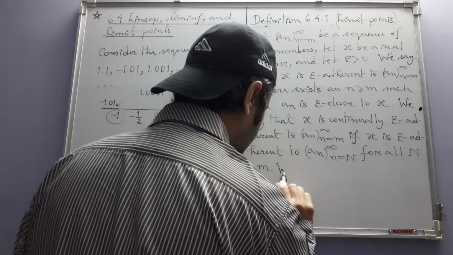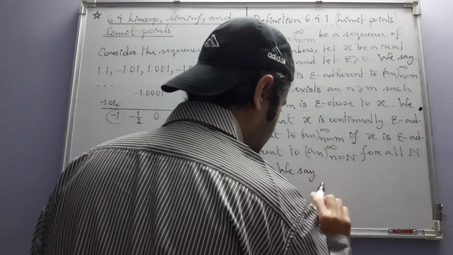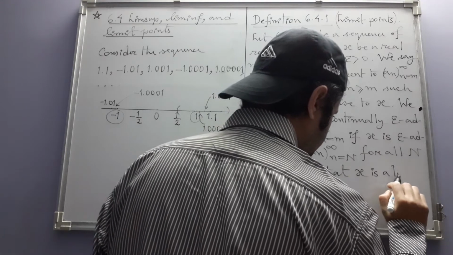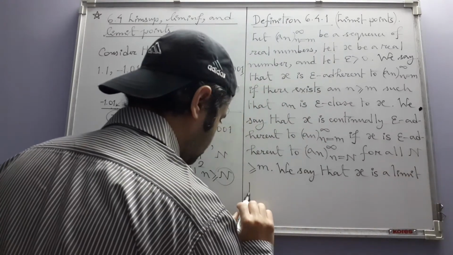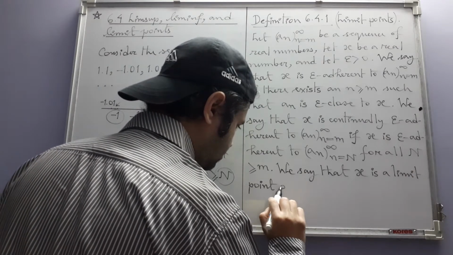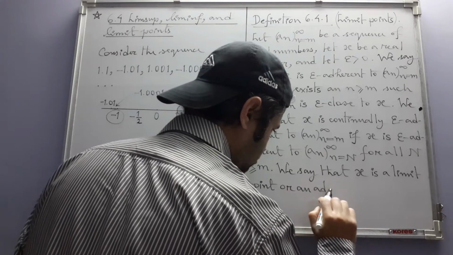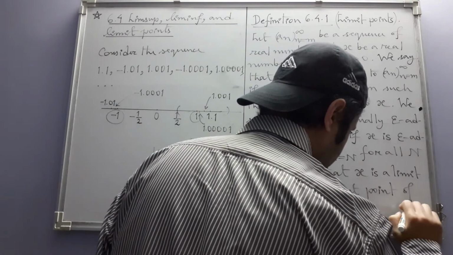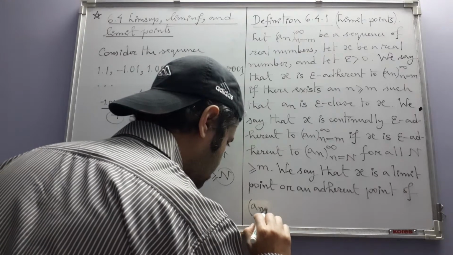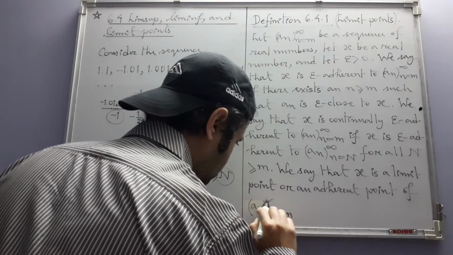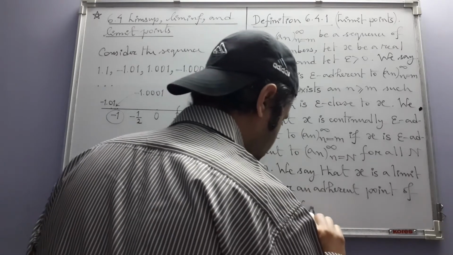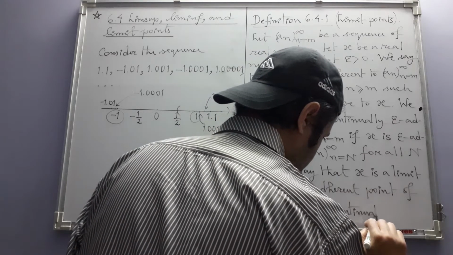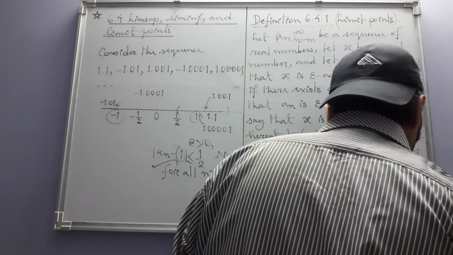And finally, we say that x is a limit point or an adherent point of the sequence if x is continually epsilon adherent.